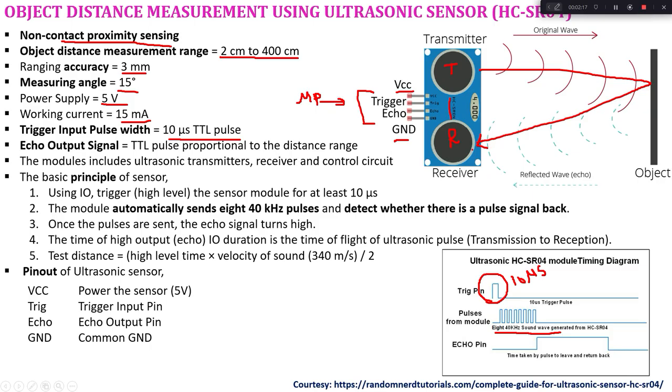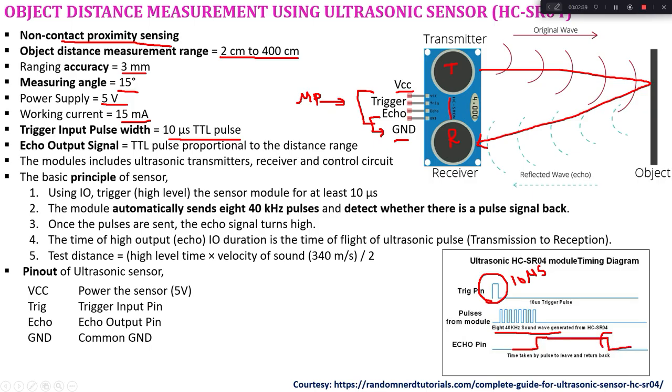As soon as the 8 pulses of 40 kilohertz are generated, the echo pin turns to logic high. It makes a transition from 0 to 1. This echo pin will be high until a pulse returns back and reaches the receiver.